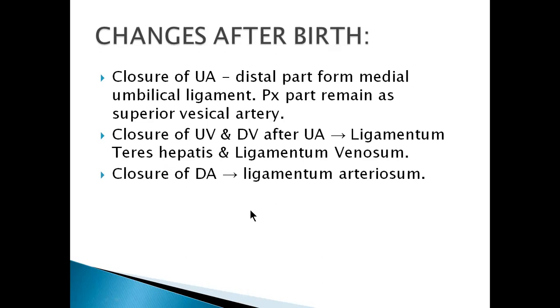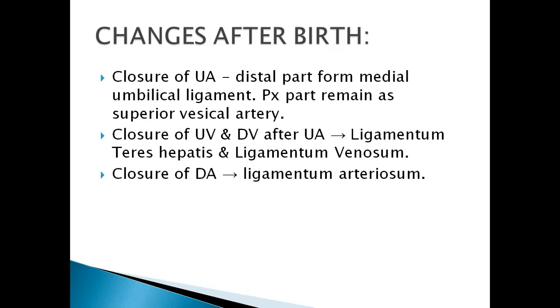Then comes the closure of ductus arteriosus. This happens by the contraction of its muscular wall, and it occurs almost immediately after birth. It is mediated by something important which is called bradykinin, a substance released from the lungs during initial inflation.